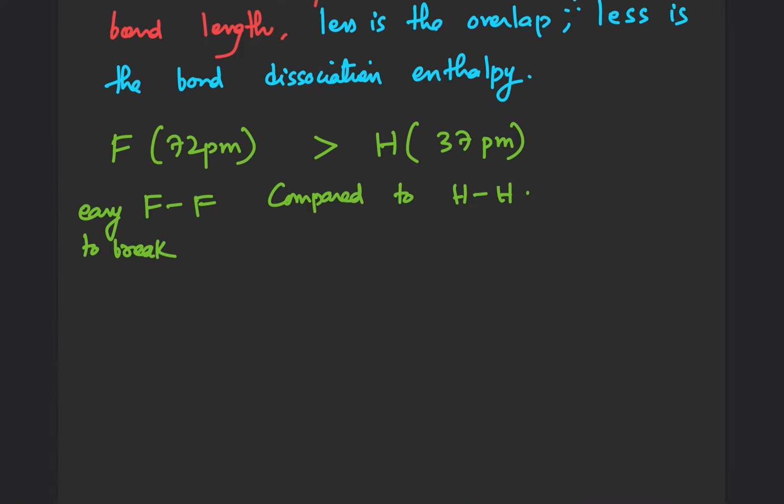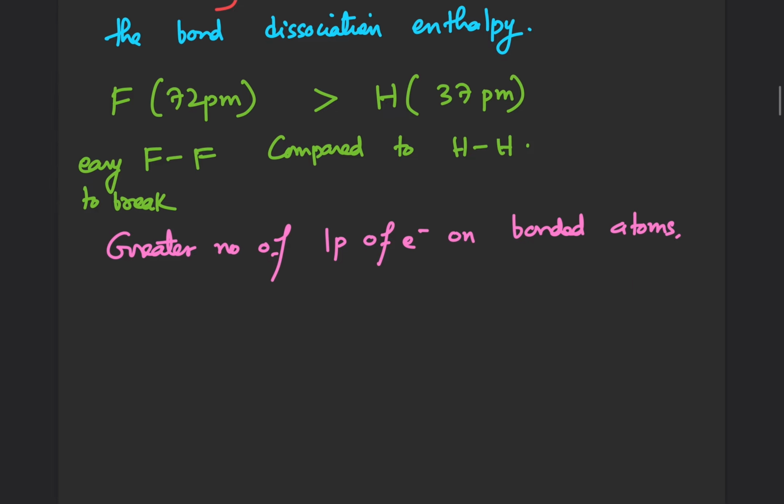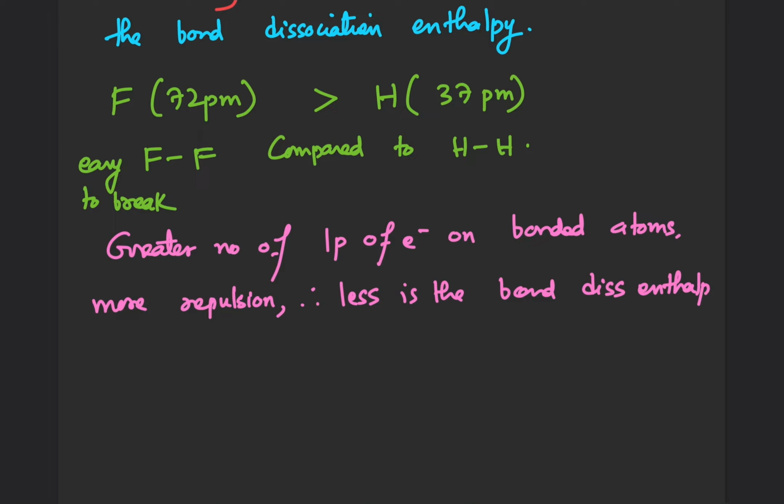Very important. Greater number of lone pairs of electrons on bonded atoms, more repulsion, and obviously less is the bond dissociation enthalpy because it is already unstable because of the repulsion. So very less energy is required to break it.